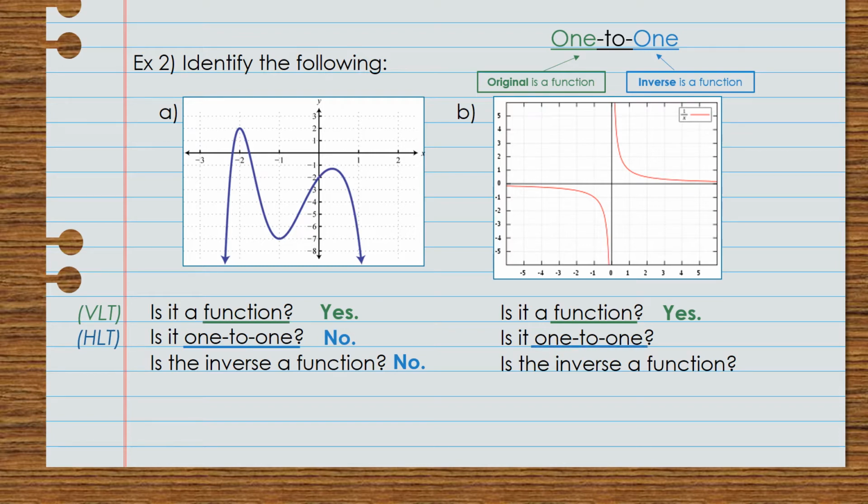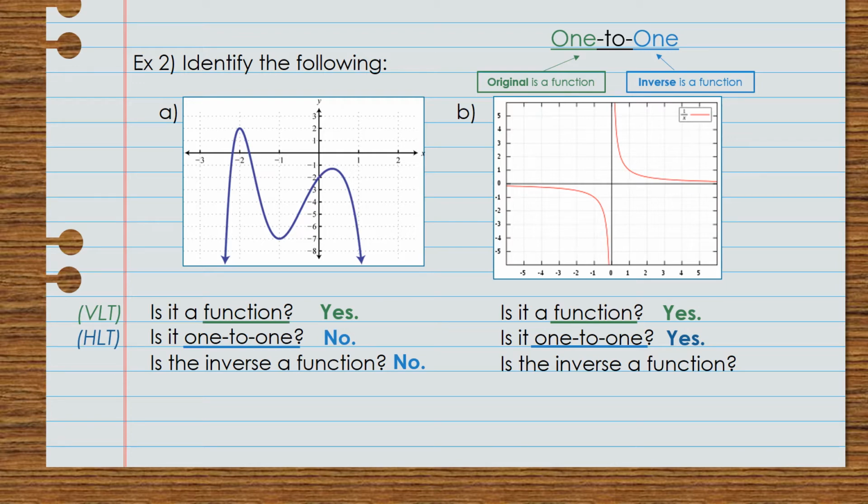Well, one-to-one means you must use the horizontal line test. And if you were to place a horizontal line anywhere on this graph, notice it would only pass it once. Since it only passes through it once, that means yes, this is one-to-one.